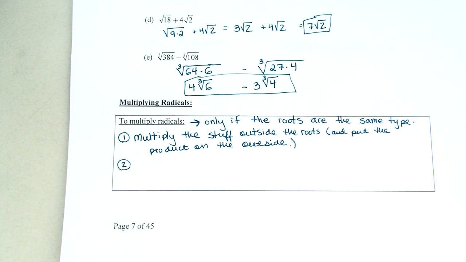There's stuff outside the roots. We'll multiply those things. We'll put our answer, our product, on the outside of the root. What did you say after product? So multiply the stuff outside the roots and put the product on the outside. I'm also going to multiply the inside stuff together. Multiply the insides together and put the product on the inside.